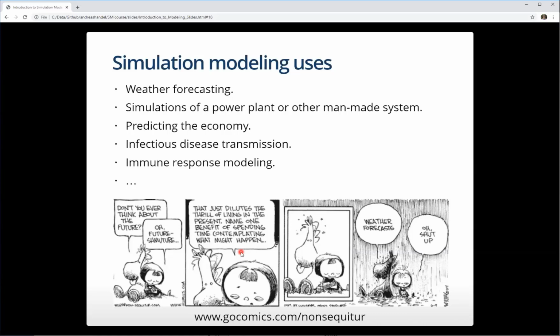Then infectious disease, some of you, I think, work on the population level. They have a much longer history on that level, and I'll have a few slides on that. And then over the last decades or so, more and more immune response modeling. Basically, any field where you have a system where you know enough about it to write down or specify some components and processes, you can potentially use these kind of models.